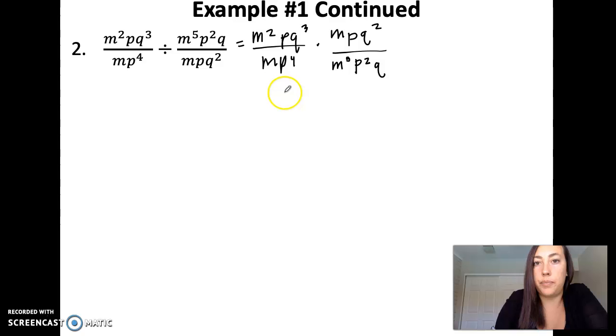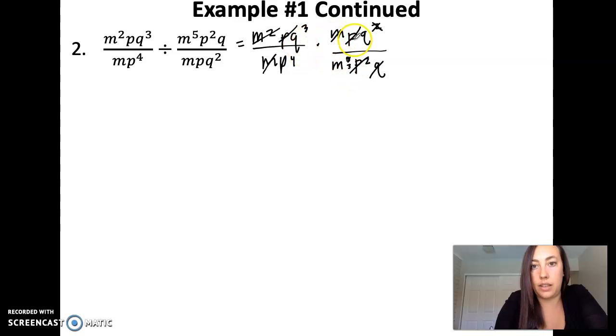So let's see here. We have 2 p's on top, so we can say that these 2 p's here cancel with those 2 p's on the bottom. We have this q on the bottom, which will cancel with one of these q's. These 2 m's will cancel, and then 2 of these m's will cancel with 2 on the bottom, leaving 3.